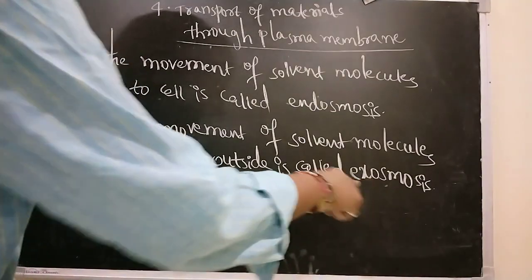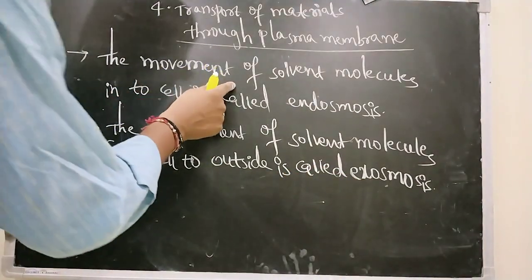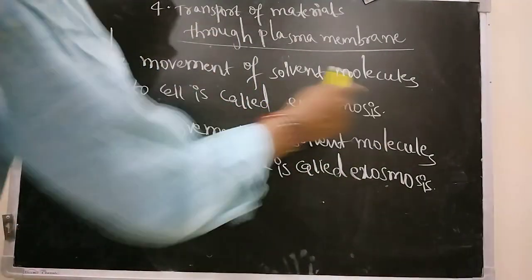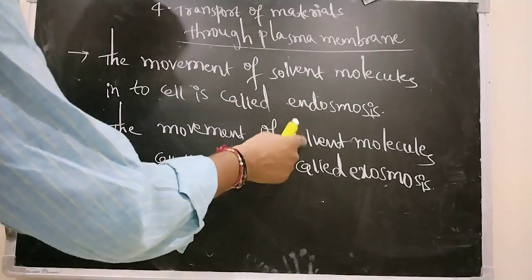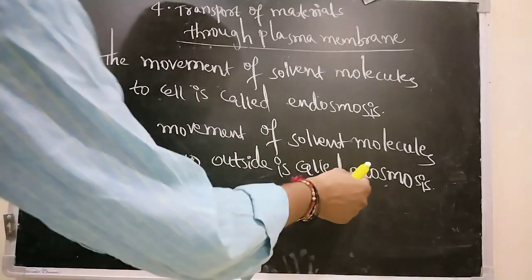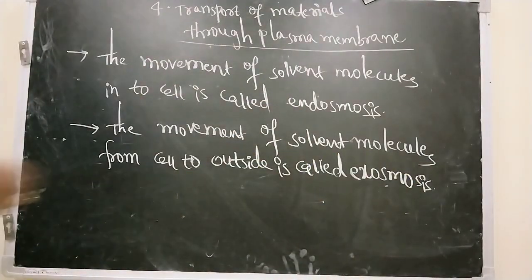So ex means exit. If the solvent molecules enter into the cell, it is called endosmosis. If they are sent from inside to outside, it is called exosmosis.